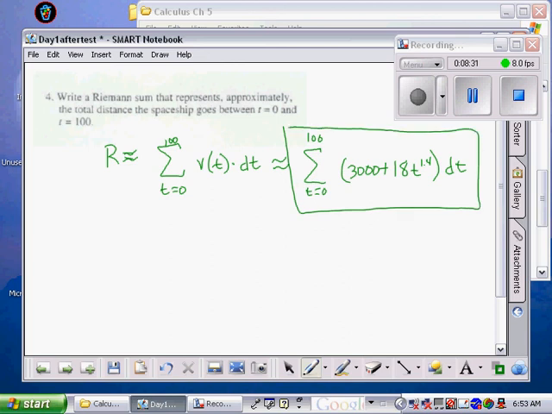So that is more of a general statement for any Riemann sum. We don't know how many rectangles. We don't know whether we're doing left, right, or midpoint, none of that. So we just write a general statement that we're going to be summing up a bunch of rectangles covering the time from 0 to 100 seconds. And here's our height, and here's our width. So that's all that's asking for. This is a summation. This means you're going to add up a bunch of rectangles. Any other questions on that one? That's all you're going to do on that one.